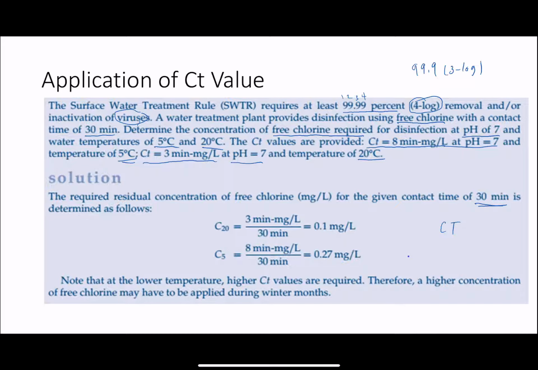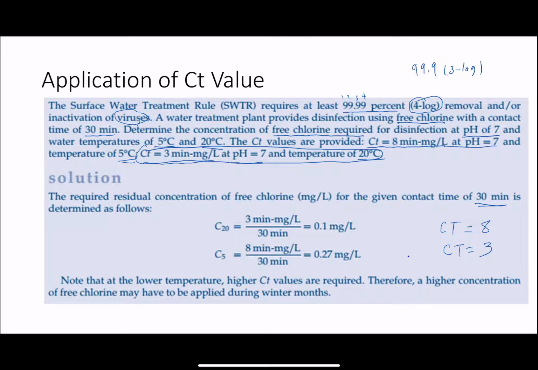It was 3 minutes, so we're going to use this one, CT, pH, and 20 Celsius. And we're going to use the other one later on. So we have 8 minutes, and we have CT, 3 minutes.